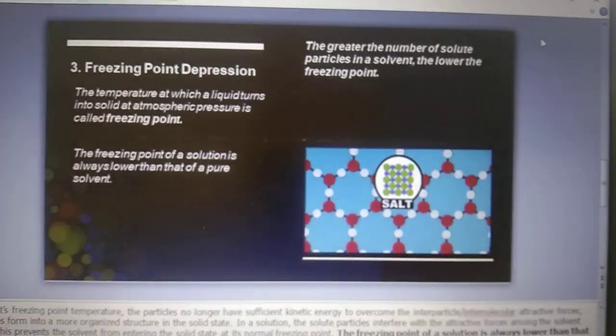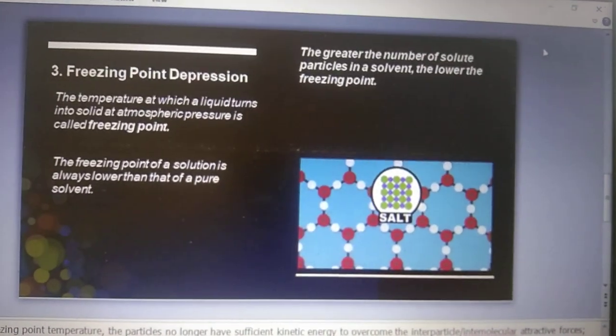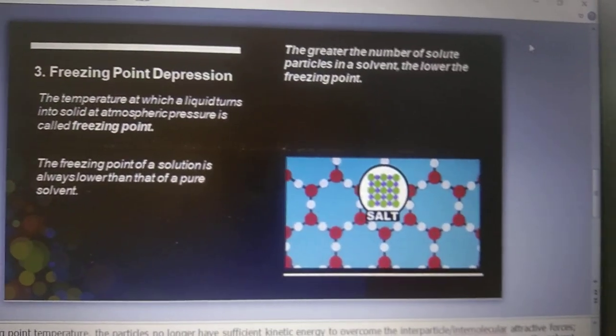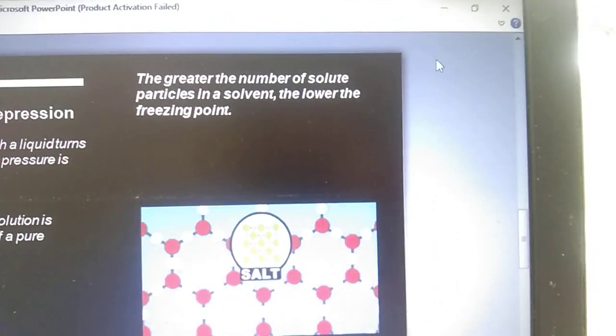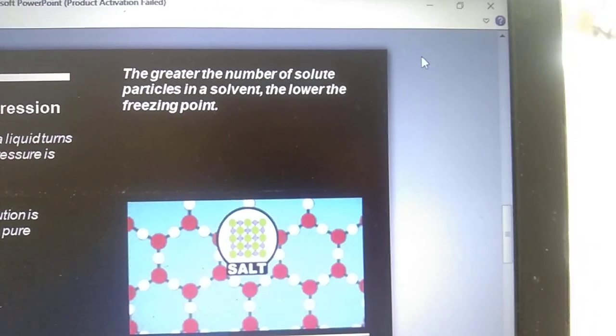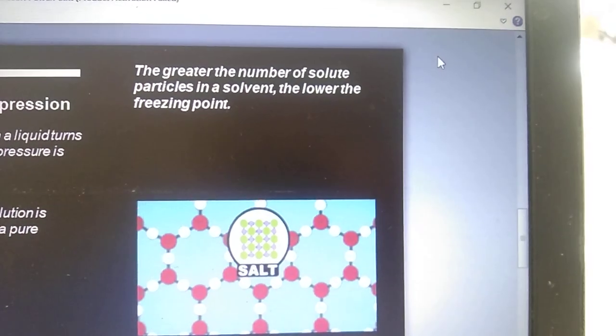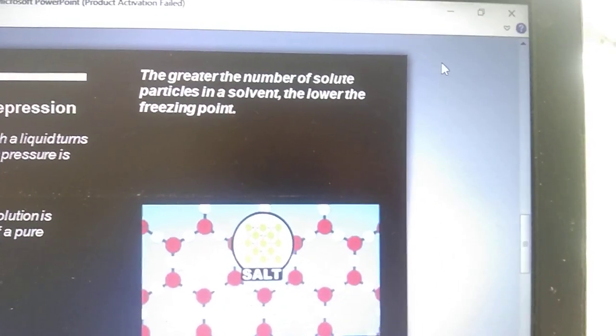Let's proceed with the next one, freezing point depression. Remember this: the greater the number of solute particles in a solvent, the lower the freezing point. It's the opposite of the previous statement, where the boiling point gets higher. This one, the lower the freezing point.